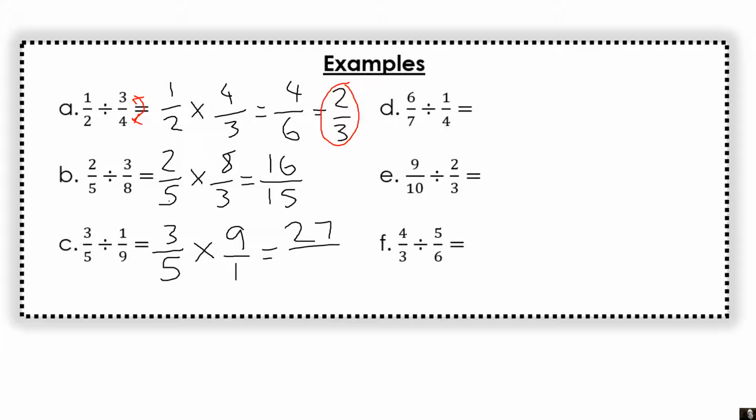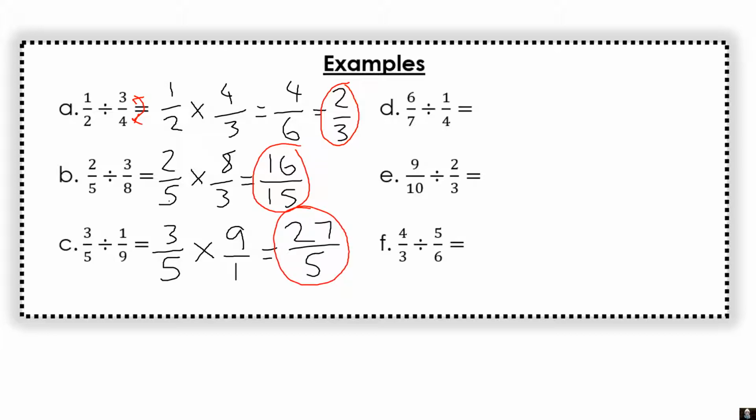And then 5 times 1, which is 5. Now, I can't simplify my answer. I can make it into a mixed number if I want to, but I'm going to leave it as an improper fraction. All right, so that's my answer to A, B, and C.